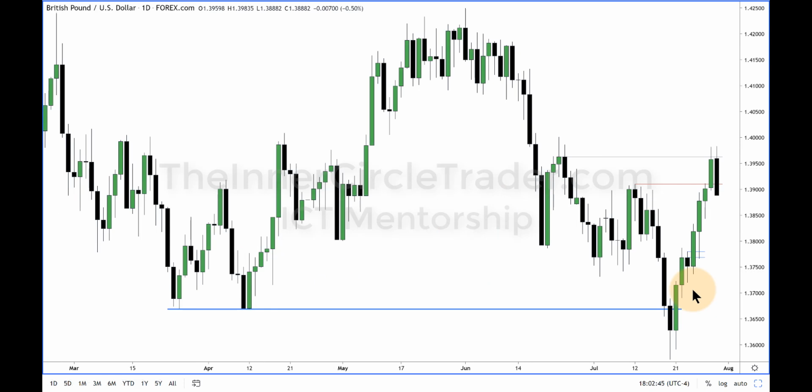Which brings us to the darling of our commentary, the British pound versus US dollar. All right, so we've taken out the sell side liquidity pool here. We accumulated. I taught this in the YouTube channel, so this is going to be complemented with what I taught in those 5 videos on YouTube. Weekly buy side liquidity pool and the rejection block here.